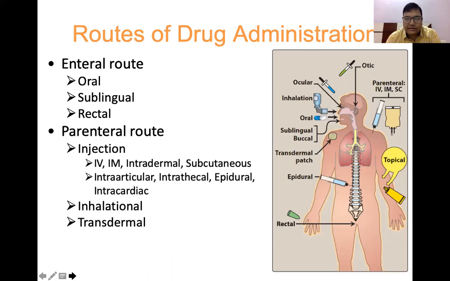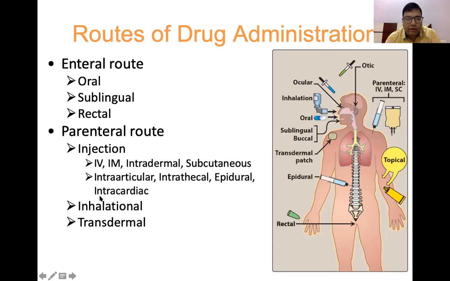The other one is the parenteral, that is apart from the enteral. That means the drug is not being applied to any part of the GI tract. That includes the different injectable forms such as intravenous, intramuscular, subcutaneous, intradermal, intracardiac, intrathecal, and epidural.